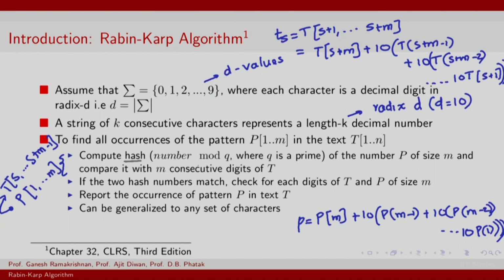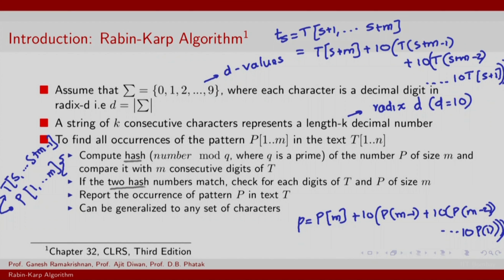The hash, which is the number Ts modulo some prime q, would be such that it fits in one computer word, and likewise for P. So q is chosen in order to make this number mod q small enough. However, this comes at a price.